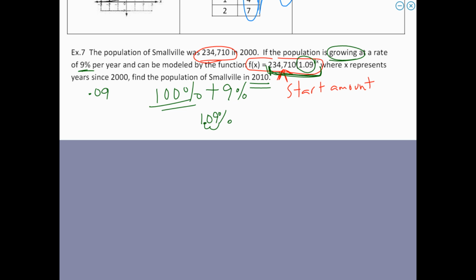Because it went up 10 years. It's only talking about the years since 2000, right? So you're not going to use all of 2010. You're just going to use 10, how many years it's been since 2000. So in your calculator, type that in, and when you get an answer, tell me what that answer is.